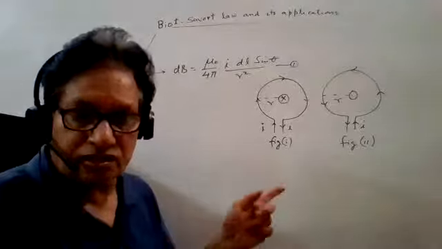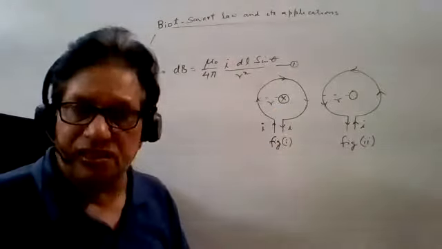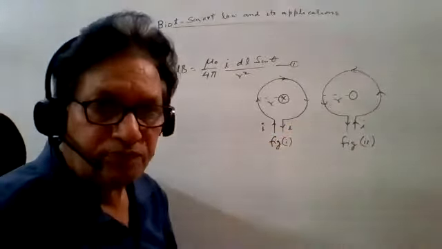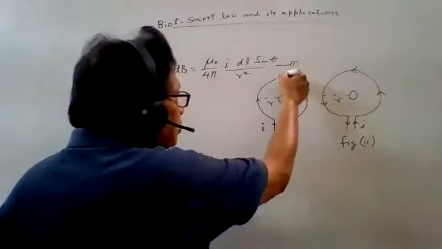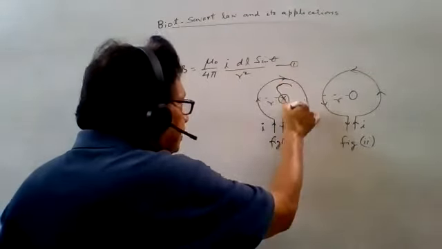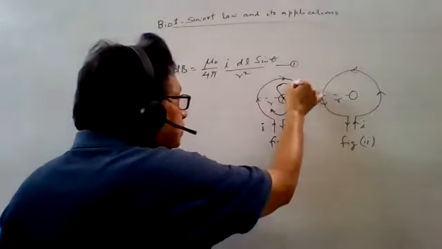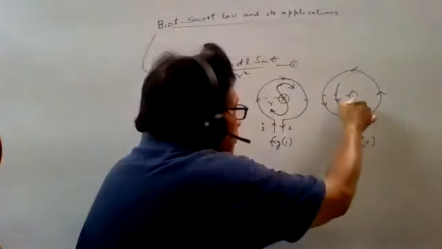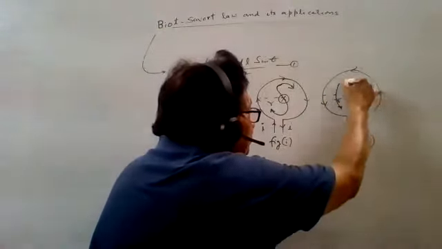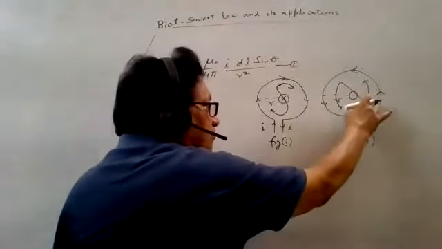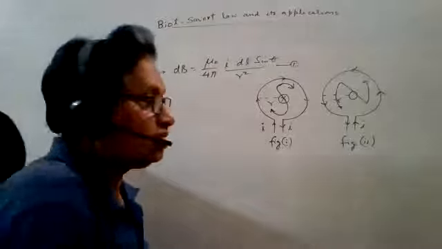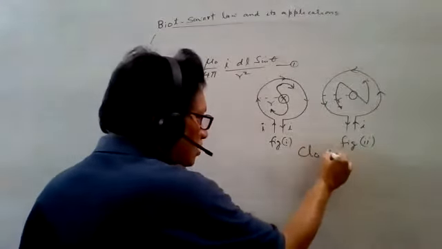So this one will definitely be the south pole, and here, coming out, it is the north pole. By looking at the current like this, you can say it is the south pole, and with the direction of current like this here, it is the north pole. So it is called the clock rule.